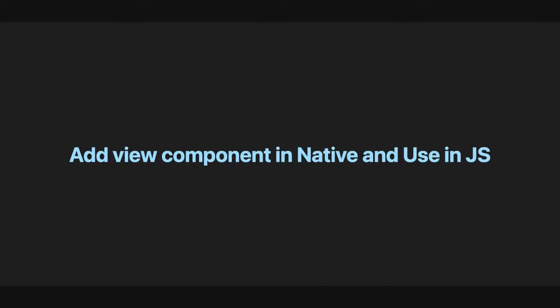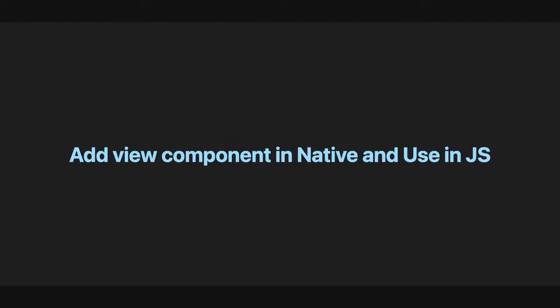Here there is one more way, where we can add native UI also and run it in React Native. For example, React Native already has built-in components like button and other view components. But what about components that are not inside the React Native package?